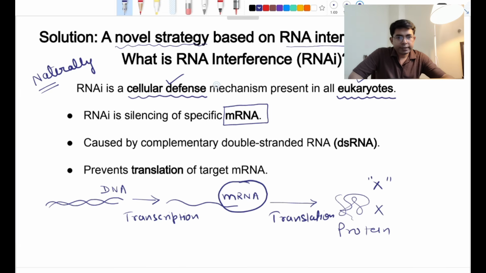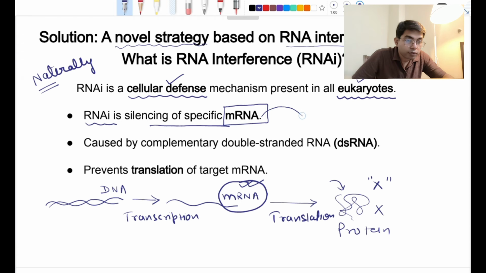So in RNA interference, our purpose is to inhibit this protein, and for that we target the mRNA. That's why RNA interference is silencing of a specific mRNA. Which mRNA? The one whose protein we want to inhibit.